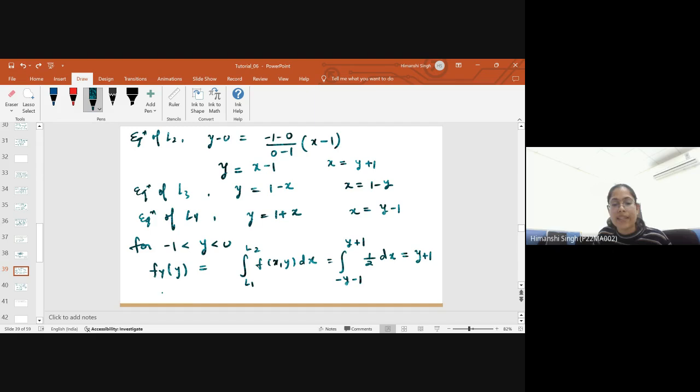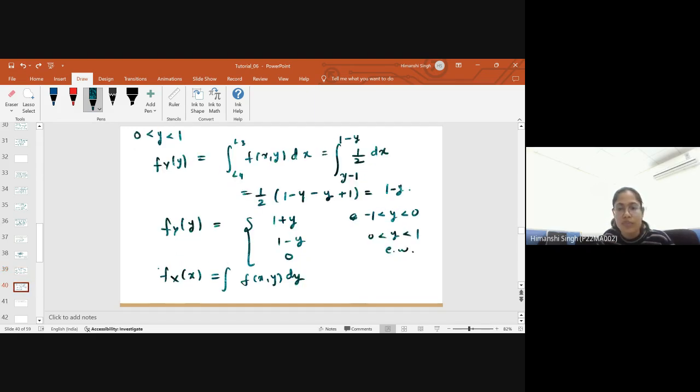Okay, so I think it is correct. So fy will be the same. And if I find the value of fx, then also by a similar method, the value of this fx will also be the same thing.